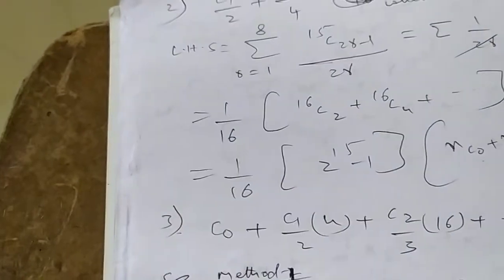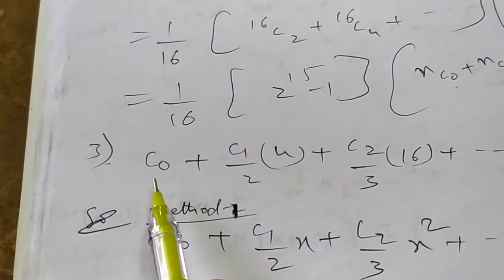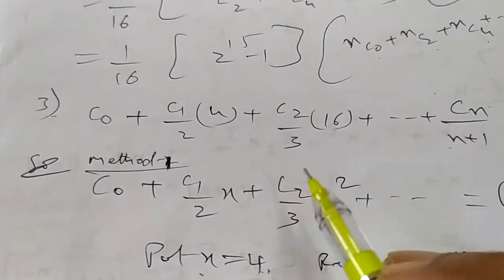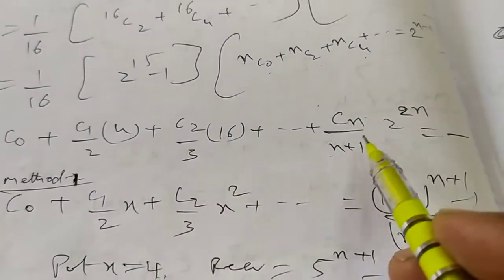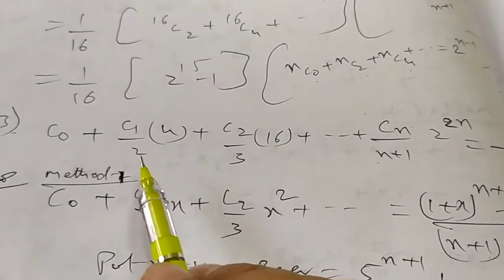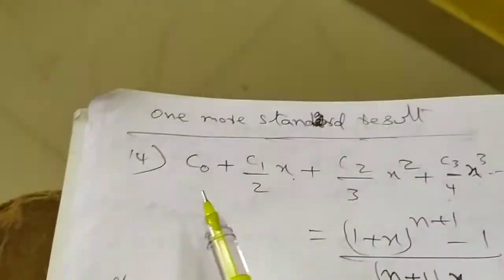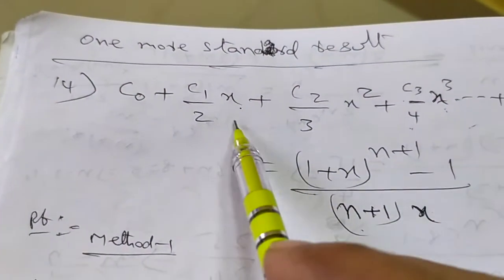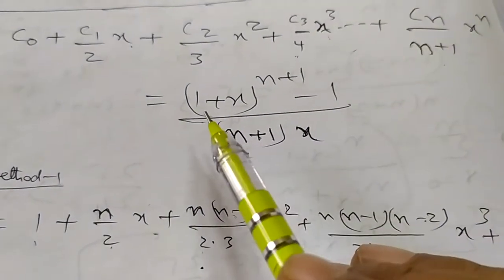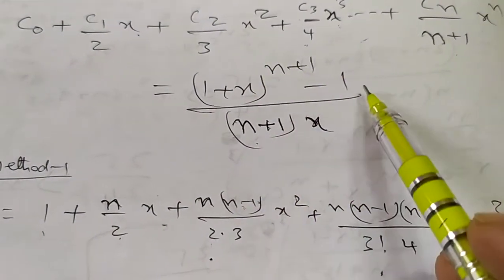Next problem. The value of C0 plus C1 by 2 into 4 plus C2 by 3 into 16 plus and so on. Direct formula. This is the first basic formula. See, C0 plus C1 by 2 into x plus C2 by 3 x square plus and so on, formula: 1 plus x whole power n plus 1 minus 1 by n plus 1 into x.